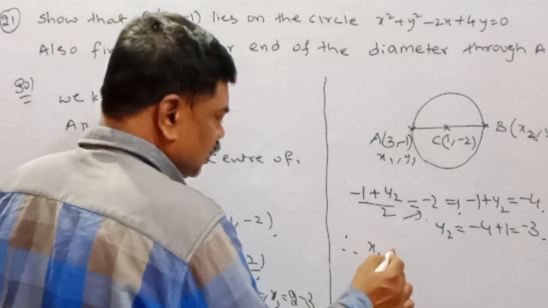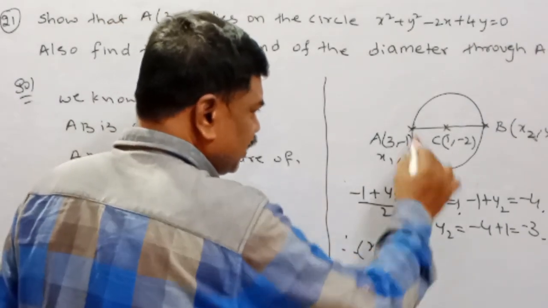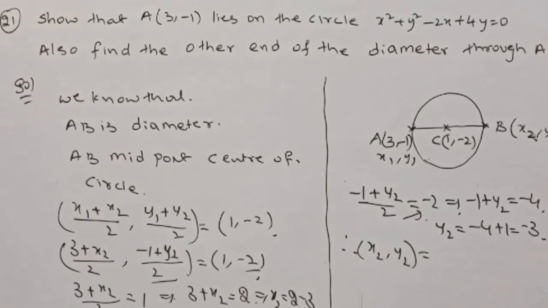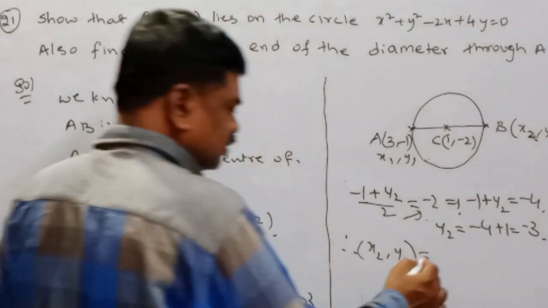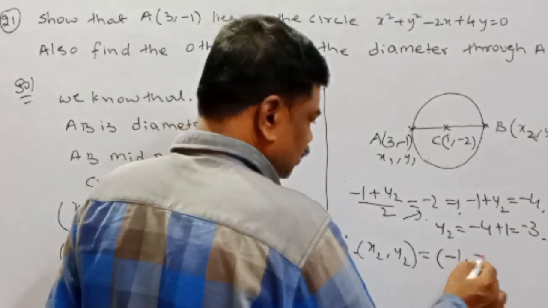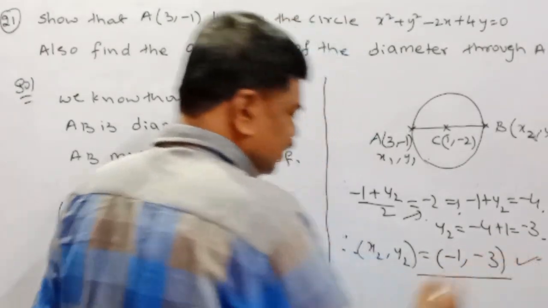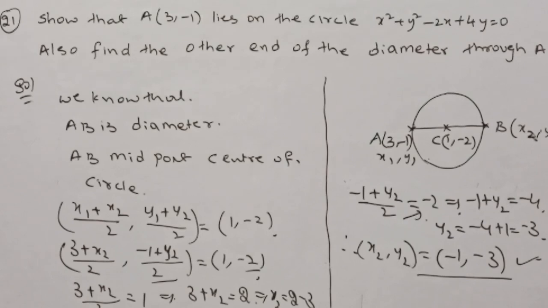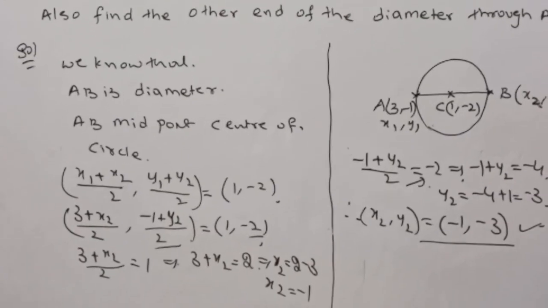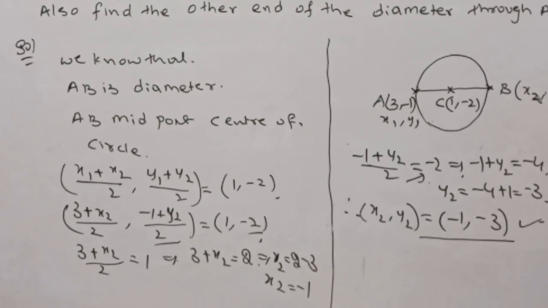Therefore, (x2, y2) is the other end of the diameter, that is, (minus 1, minus 3) is the other end of the diameter.